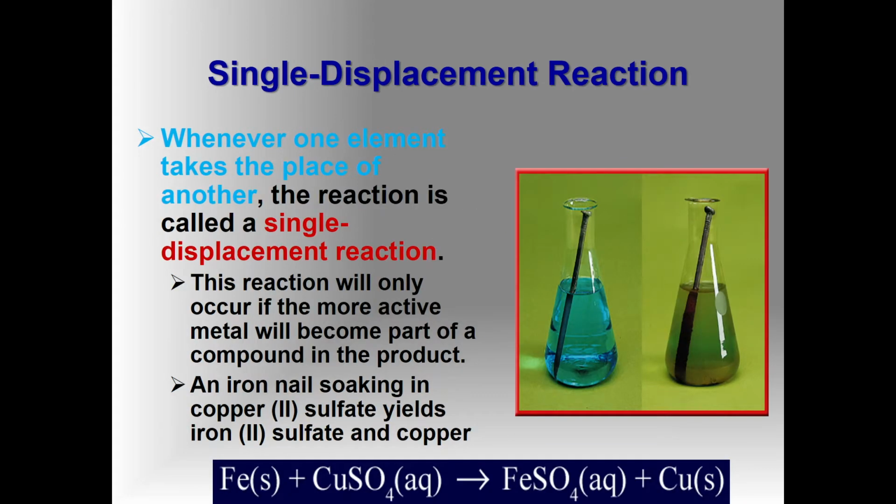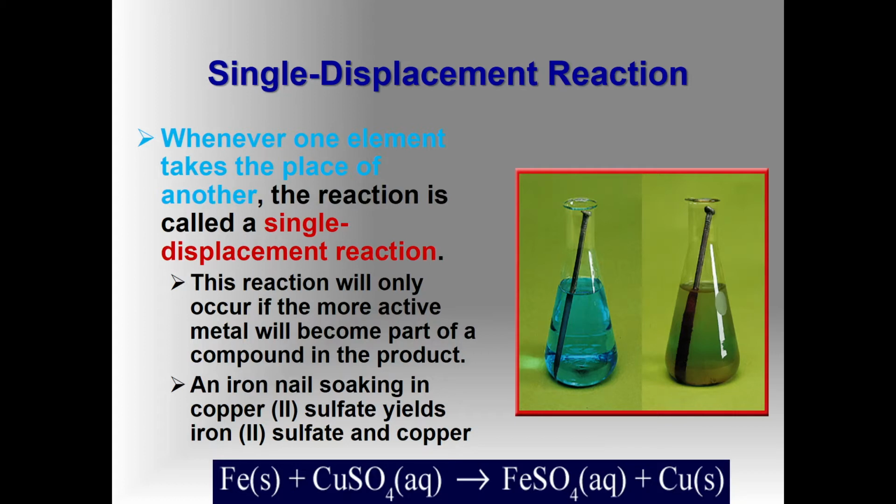Single displacement reaction. Whenever one element takes the place of another, the reaction is called a single displacement reaction. This reaction will only occur if the more active metal will become part of the compound in the product. An iron nail soaking in copper 2 sulfate yields iron 2 sulfate and copper.